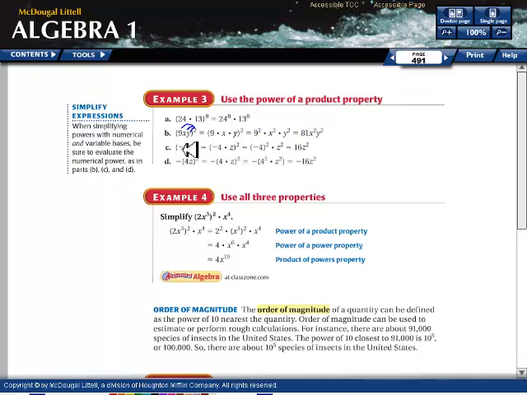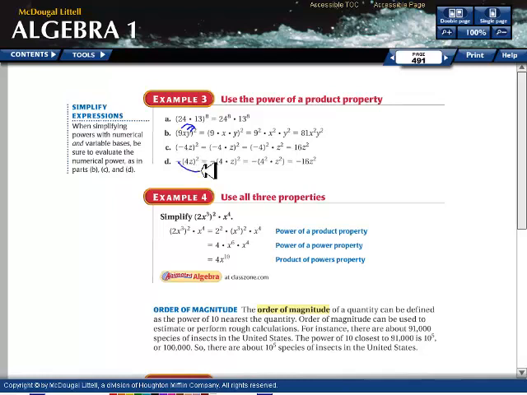This one, it is negative 4 squared, and it's z squared. Negative 4 squared is negative 4 times negative 4, which is why it's a positive 16, z squared. Now this one is a little bit different because if you notice, this minus sign is not inside of these parentheses. So this minus sign is not being squared.